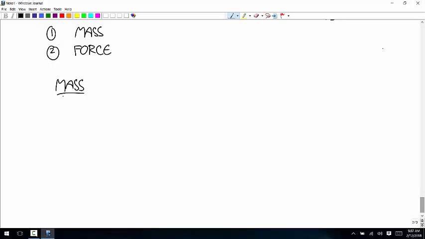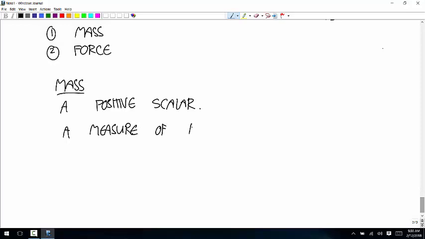So mass isn't a vector quantity. There's no such thing as what something's mass is in a certain direction. It's always a positive scalar. Positive number. And it's a measure of how hard it is to change the object's velocity.